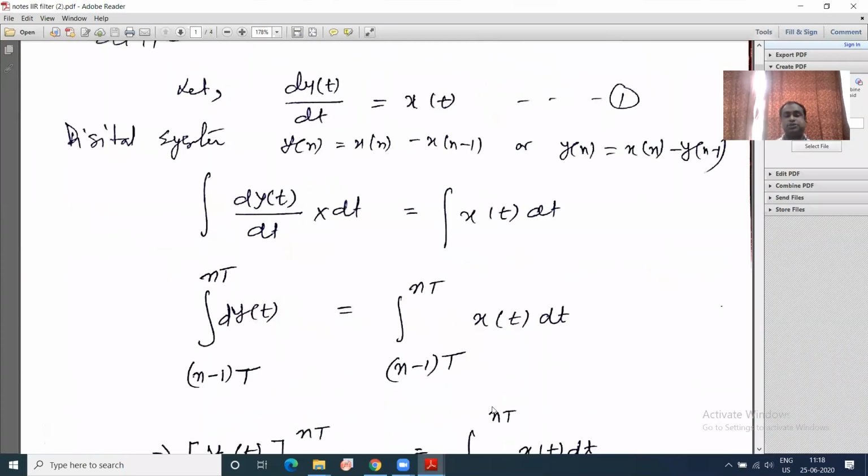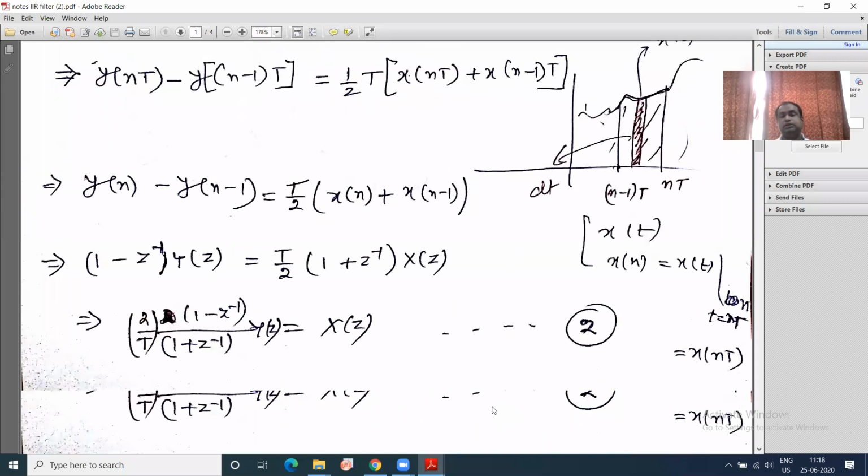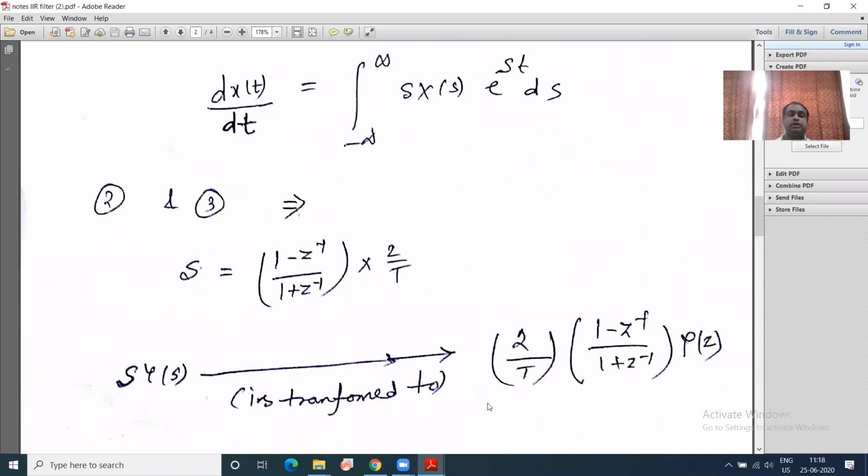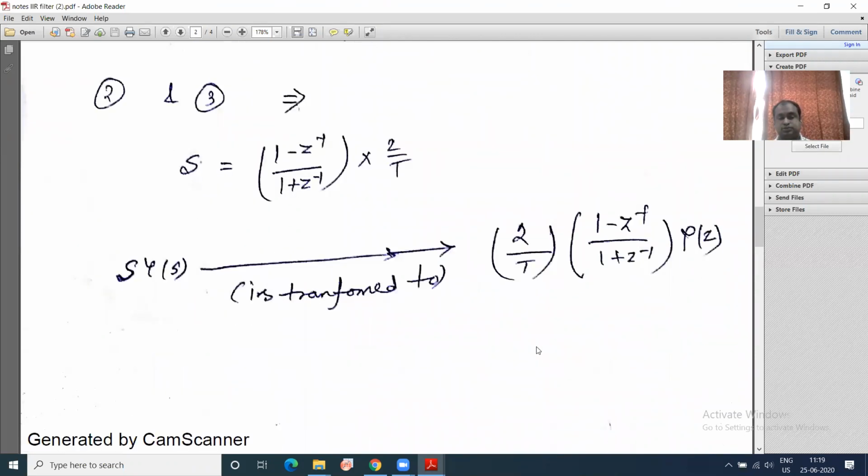In this we have seen the bilinear transformation S equal to 2 by T multiplied by 1 minus Z inverse by 1 plus Z inverse. That means S will be transformed into 2 by T 1 minus Z inverse by 1 plus Z inverse, which means S equal to this, right?